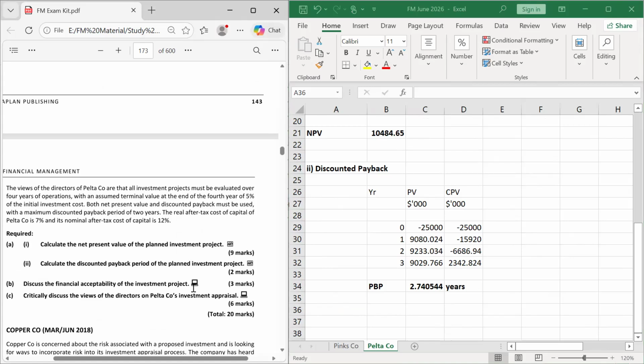So in the last, you can give the conclusion that as per the NPV method, you are getting a lot of benefit from this project, so you should go for the project, okay? And NPV should be given the preference. So that is what you have to write. For 3 marks, you will get the 3 marks as well.